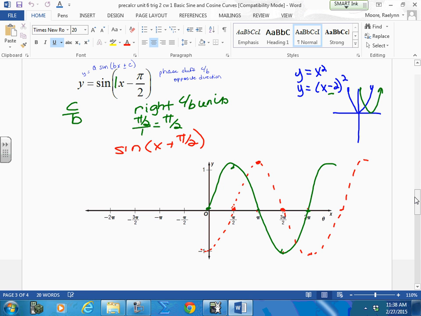What did you get? Here we go here. Here we go here. And my green curve. Here we go here. What am I getting? My cosine curve. Right? Isn't it a shift? A horizontal shift of 90 degrees?